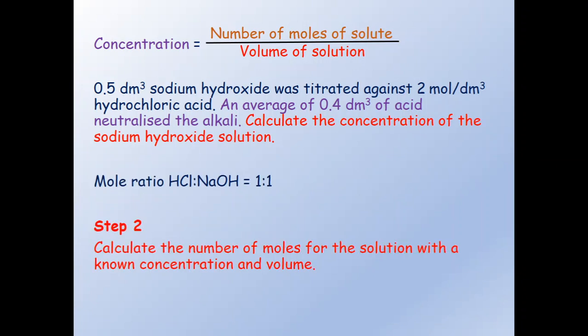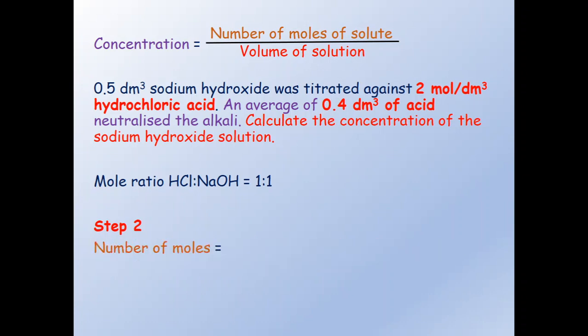Step 2. Calculate the number of moles for the solution with a known concentration and volume. The solution with the known concentration and volume is the acid, so we know that the concentration is 2 mol/dm³, and we also know that the volume is 0.4 dm³.